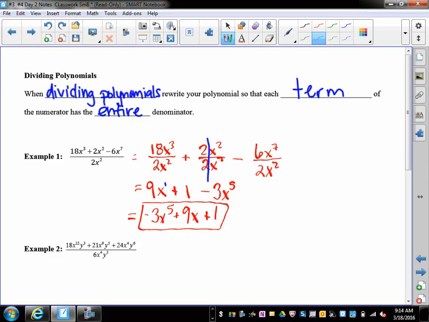Remember, quartic was for 4, and it could be called quartic or 4th degree. What do you think this is called? 5th degree polynomial. Good. So this is a 5th degree. And based upon how many terms it has, what's that called? The number of terms here.